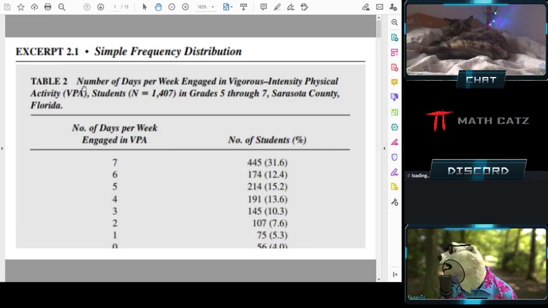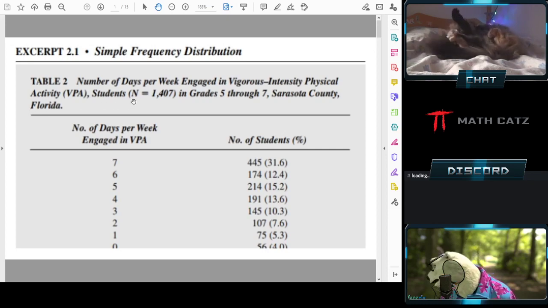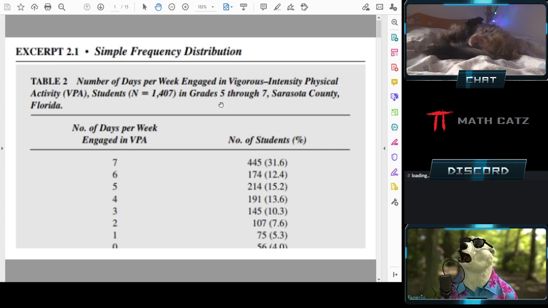So first up here, we see that a simple frequency table is quite common. In this case, we're looking at the number of days per week that people engaged in vigorous intensity physical activity. They show the N here, a standard N symbol for the number of scores, and the number of days. Of course, that is the only range possible, 0 to 7, backwards in this case.